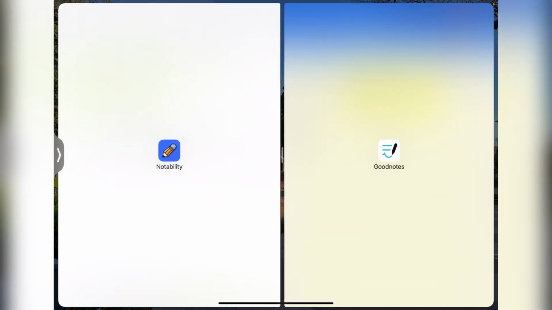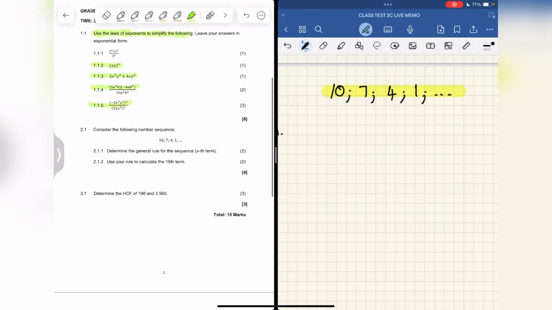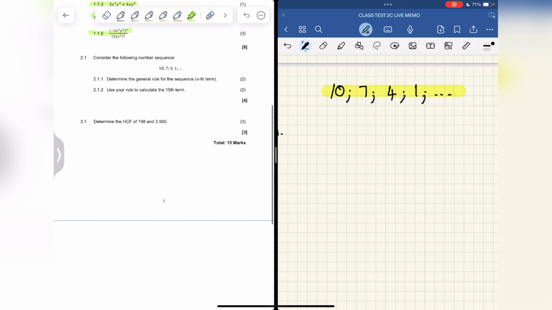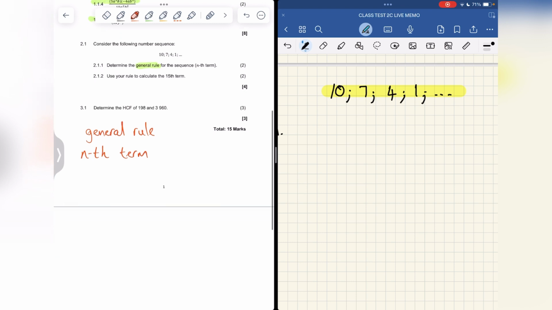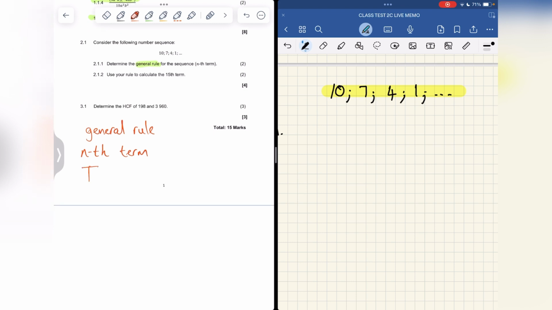Now remember, in class I keep on reminding you that the general rule can be referred to as the general rule, it can be referred to as the nth term, or they can ask you to calculate or determine Tn. All of these things are the same thing.